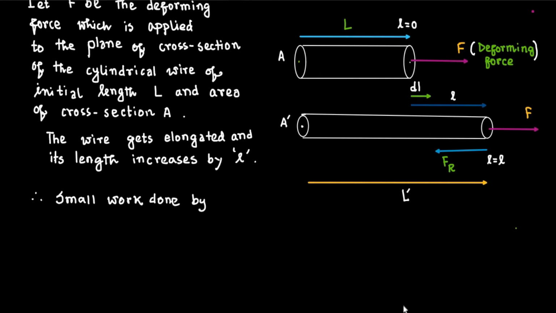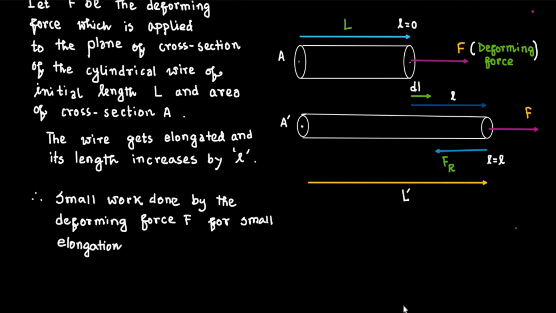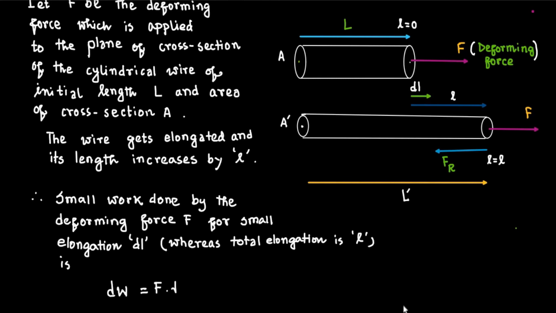Therefore, the small work done by the deforming force F for a small elongation dl, whereas the total elongation is small l, is dW equal F.dl.